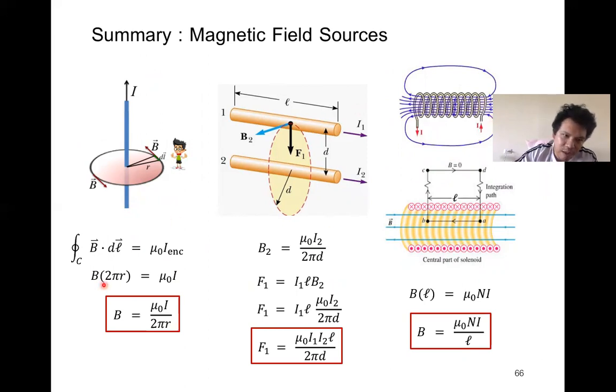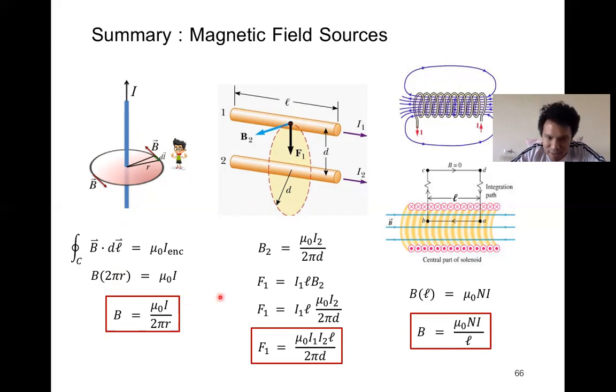For Ampere's law, we try to create an Amperian loop, and the Amperian loop makes our life easy when the magnetic field is constant. When the magnetic field is constant, the integration becomes B times the length 2 pi r in the case of a circular loop or circular magnetic field. So we have this relation to find the magnetic field.